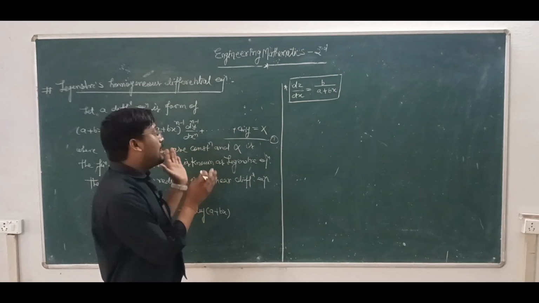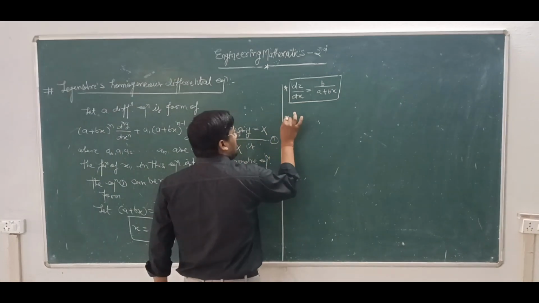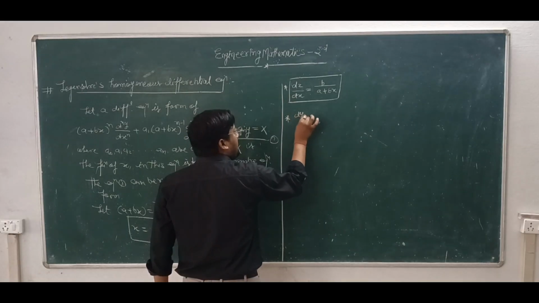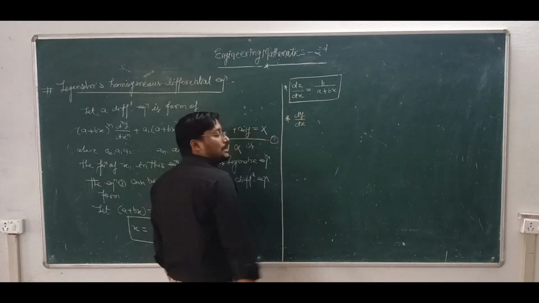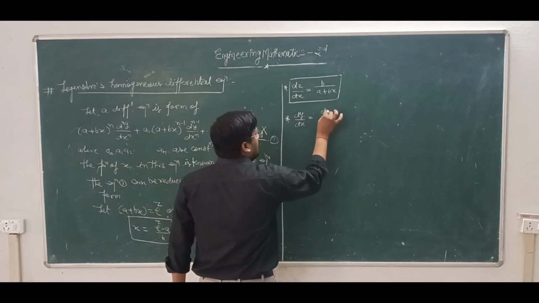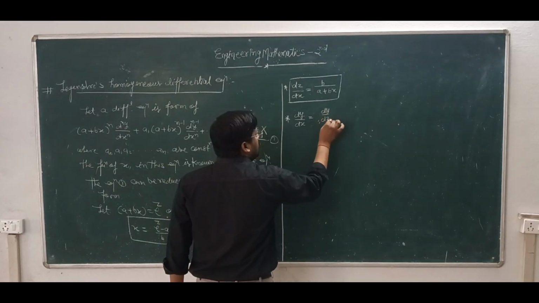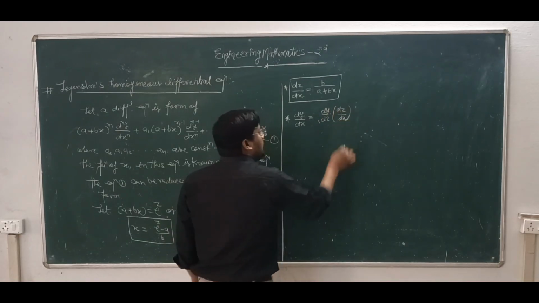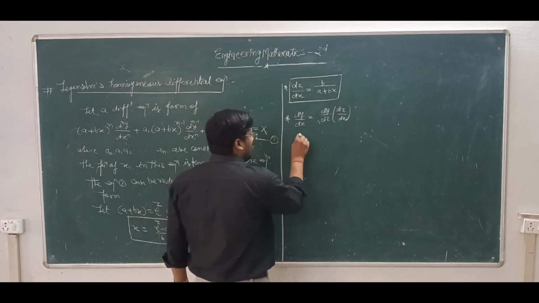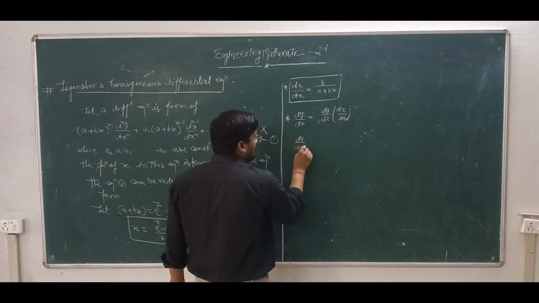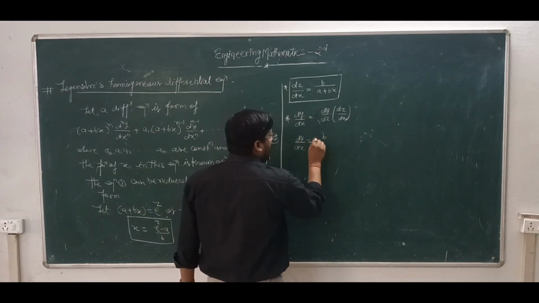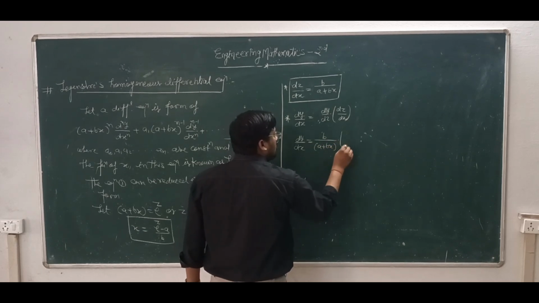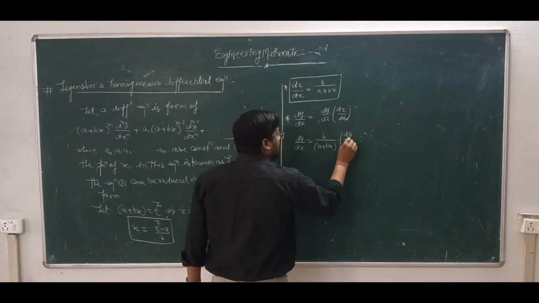Now, first of all, find the value of dy by dx. You can write this as dy by dz into dz by dx. Put the value of dz by dx. You can write dy by dx is equal to b upon a plus bx into dy by dz.